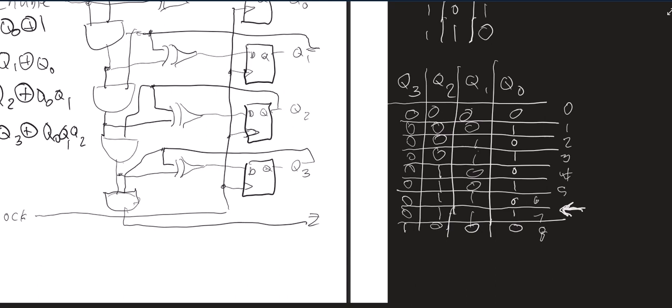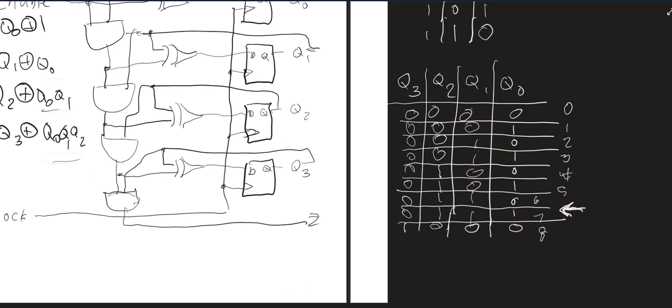If you look at the way the binary numbers work, you don't want to change the higher digit until all the digits before it are 1. And so that's why we have these ANDs here.